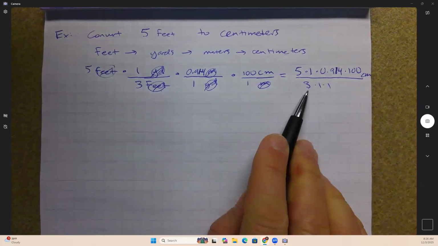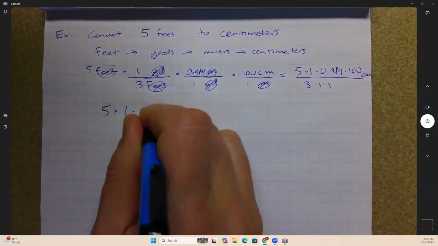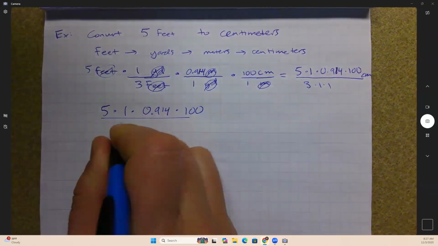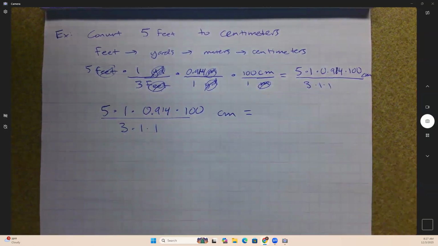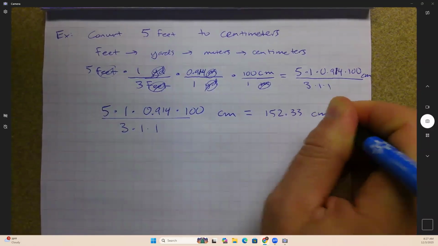And there's an example of one of my numbers in the bottom that is not just the 1. 5 times 1 times 0.914 times 100 all over 3 times 1 times 1 centimeters equals, again, calculator can do this part for you. 5 times the 1 doesn't matter, 0.914 times 100, all divided by 3. 152.33 centimeters.